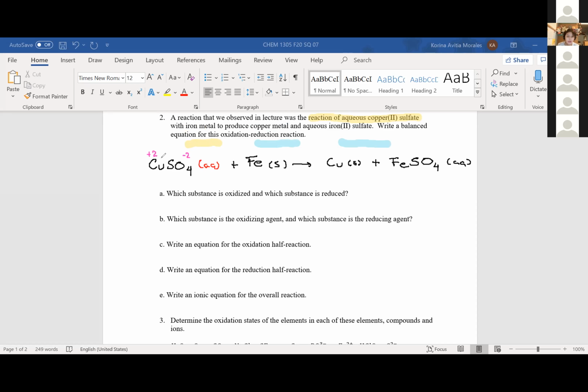All right. So what's the oxidation state for sulfur? You guys know how to calculate that? It's 6, right? Do you guys know why it's 6?